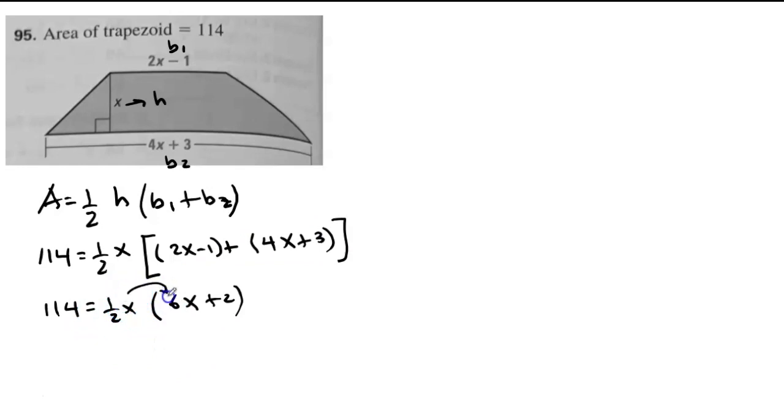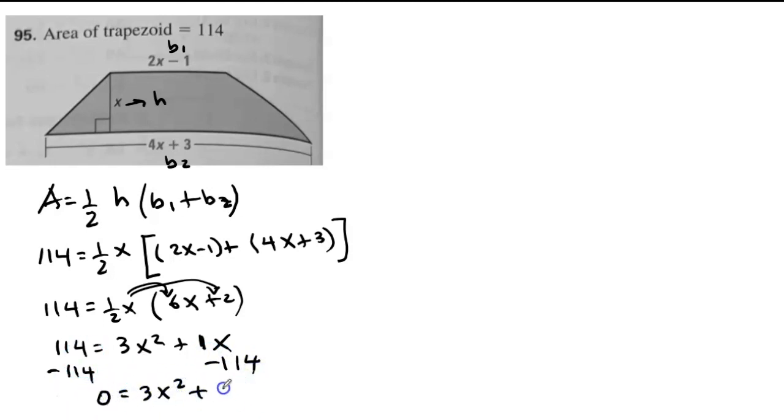Distribute. 1/2 of 6 is 3, x times x is x squared, 1/2 of 2 is 1, bring down the x. Same thing, quadratic. I need a 0 here. Minus 114 on both sides. Therefore I have 0 equals 3x squared plus x minus 114.